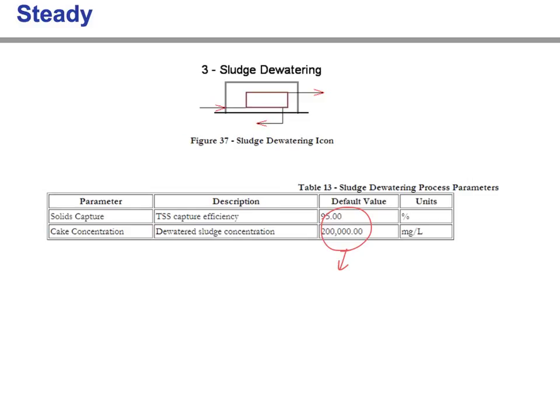So compared with the gravity thickening and dissolved air flotation, the solid capture efficiency and cake concentration, especially the cake concentration, is really high, because here we are talking about more like a solid material rather than slurry materials. If we apply this dewatering, we'll see very high concentration of dewatered solid.